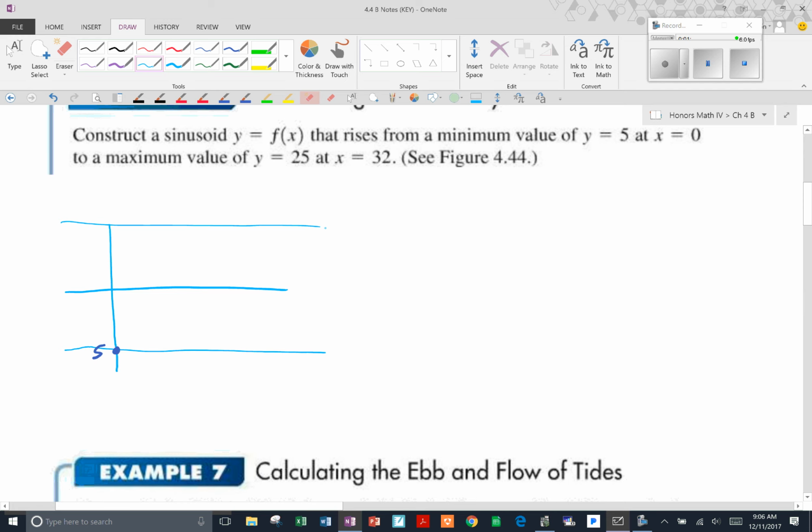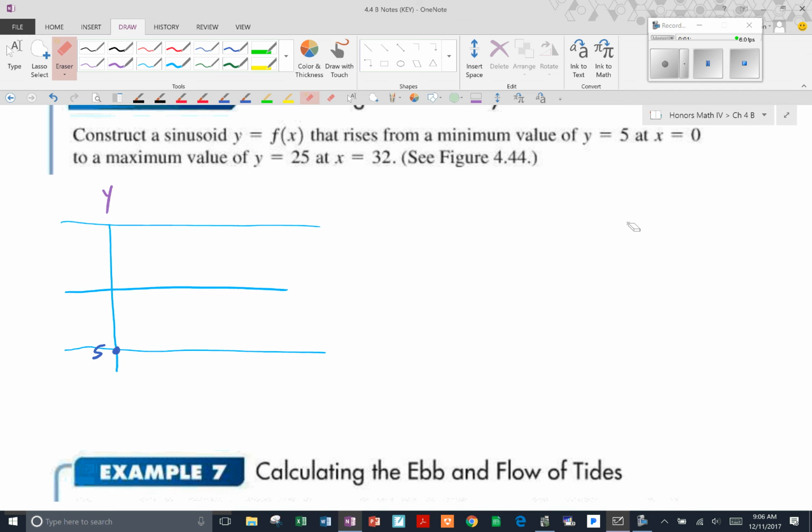Okay, so we have a minimum of 5 on the y-axis where x is 0. It's 5, because this thing's been shifted. So we've got to figure out where it's been shifted to.